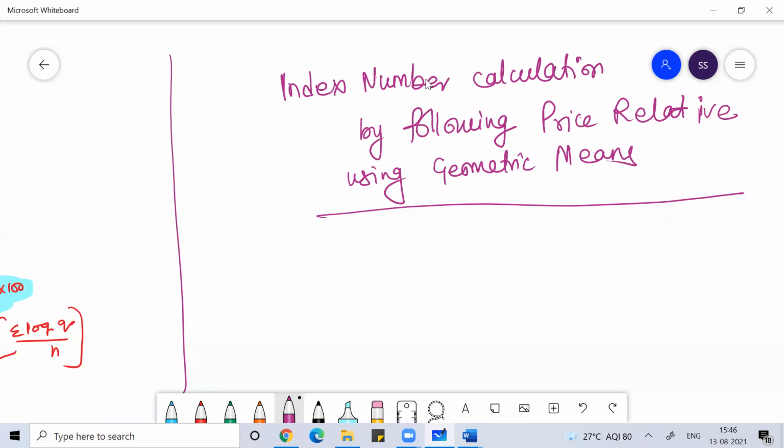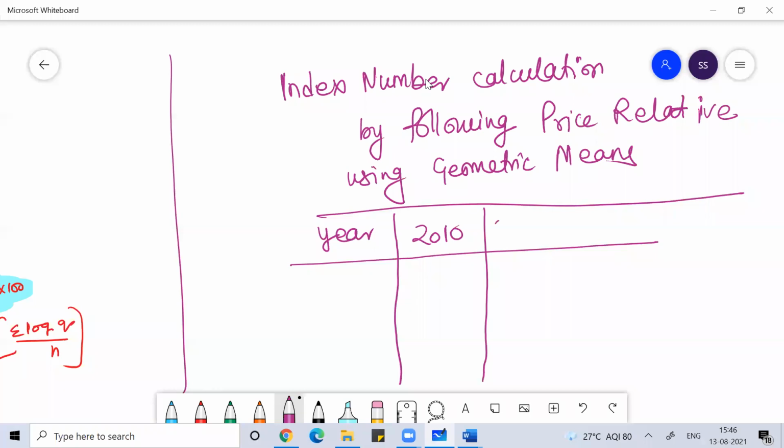The data is given for two years, 2010 and 2015.